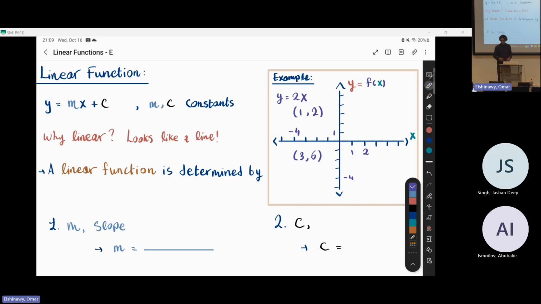The y value there is understood as the output of the function, more or less. So I go to x is equal to 1, and then y is equal to 2. That's the first point. And then I do 3 and 6. I'll remove these numbers because they're a bit distracting. So 3 is here.